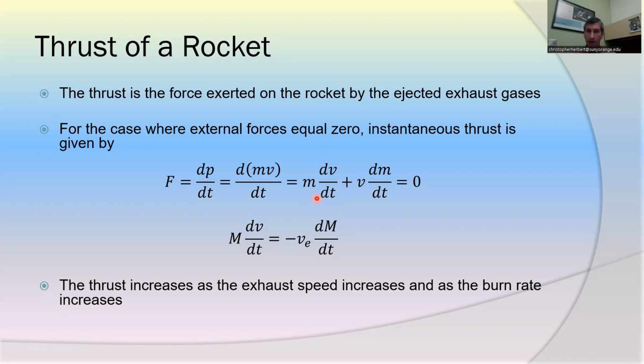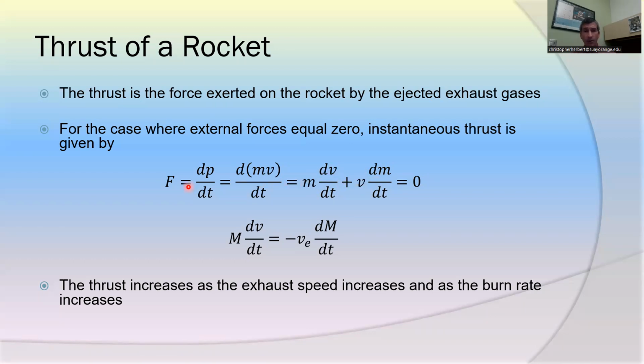If you remember from calculus, when you have the product right here, you take the first member of the product times the derivative of the second element, and then you add that to the derivative of the first element times the second element. And that gives us this relationship right here.